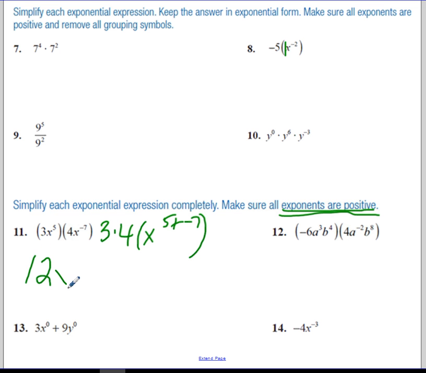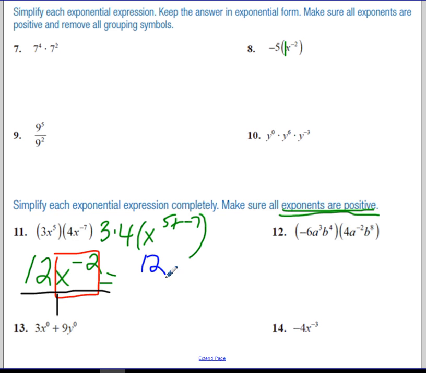And then for x, 5 plus -7 is -2. Now we're not allowed to leave that negative exponent. But notice it's 12 times x to the -2, so it's only the x that has a negative exponent. The 12 doesn't have to move. And so again, if we think of this as a fraction, we can put everything over 1. So the 12 stays up top.